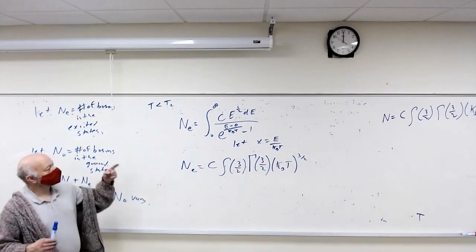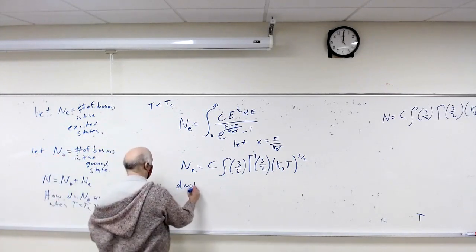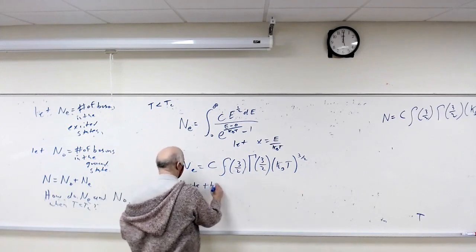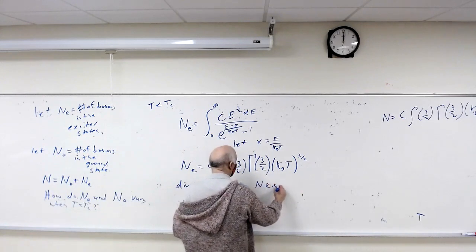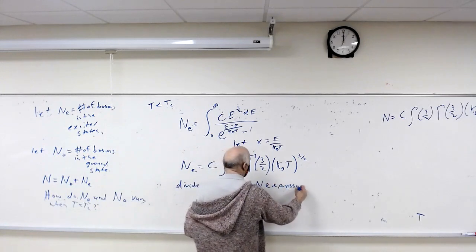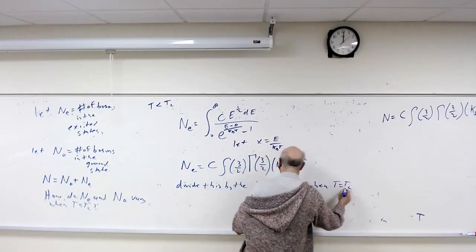So now what I can do is divide this by the original n expression when T equals Tc.